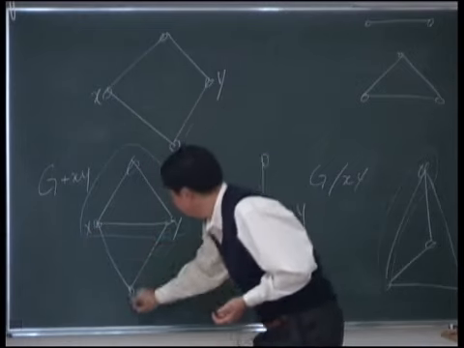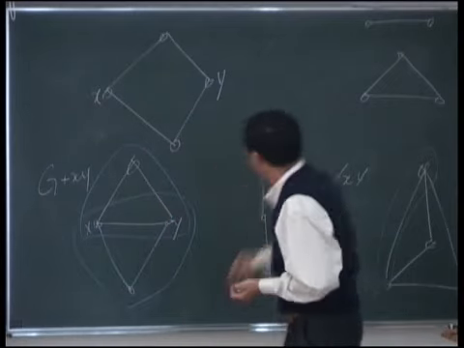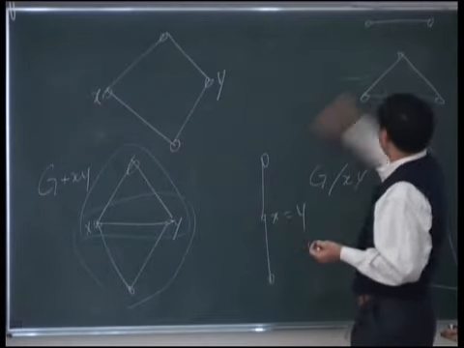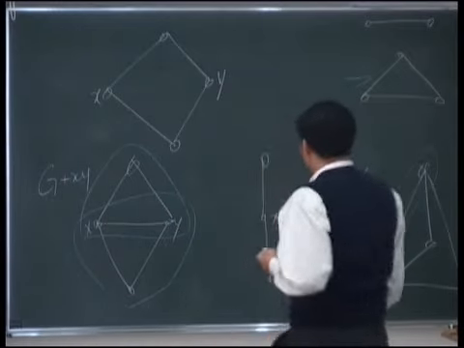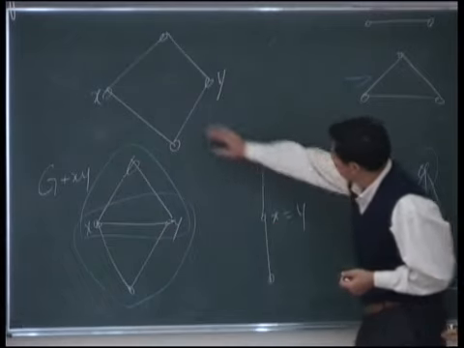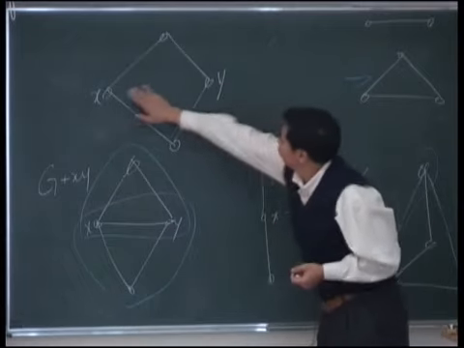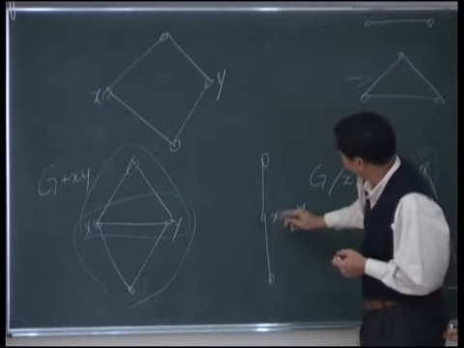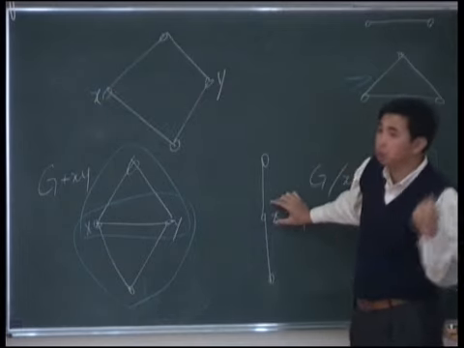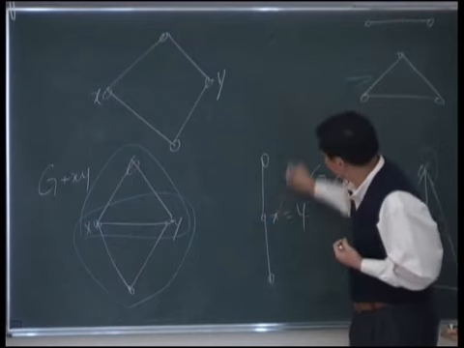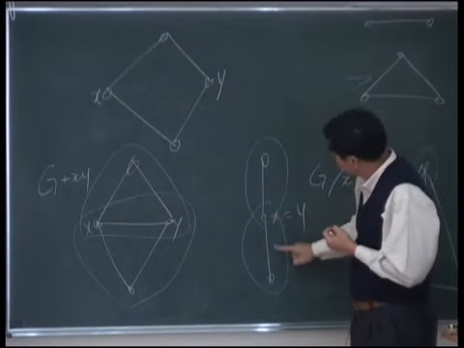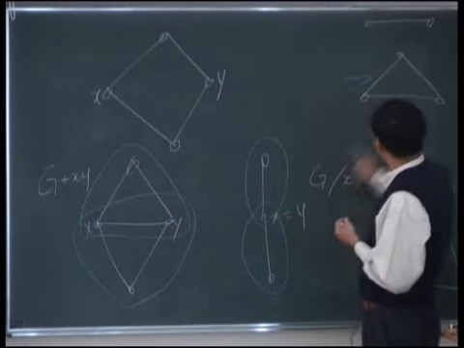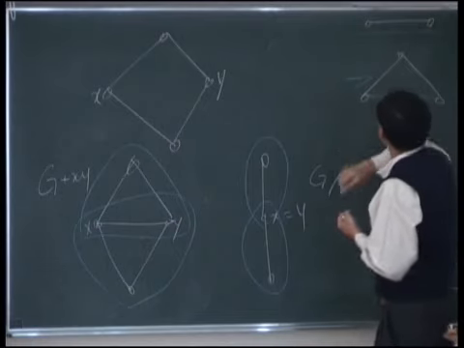This is one and this is another one, and both are this graph K3. K3 is in F. And for the other one, after I contract, I identify these two vertices, I get a graph that is not 2-connected. So there are some blocks here. Now here there are just two blocks, and both belong to F.